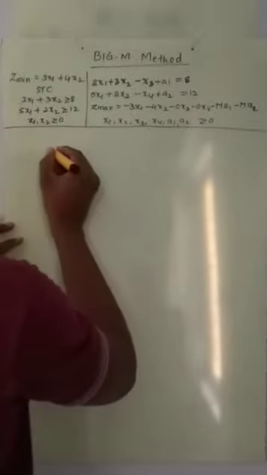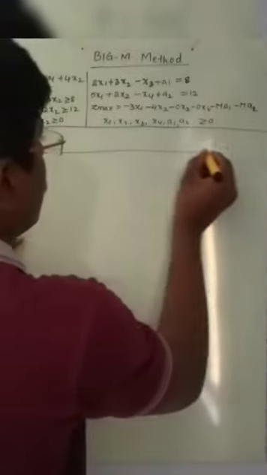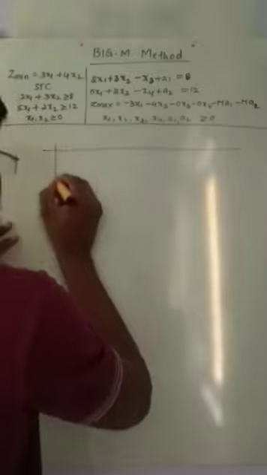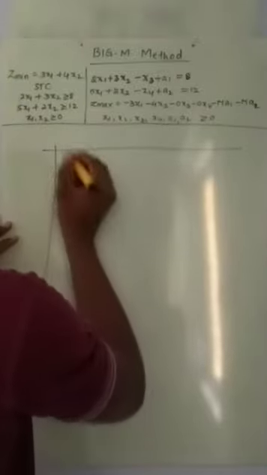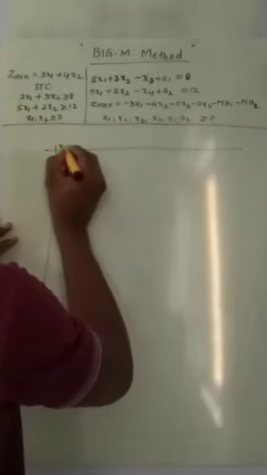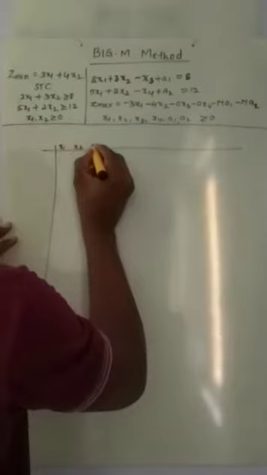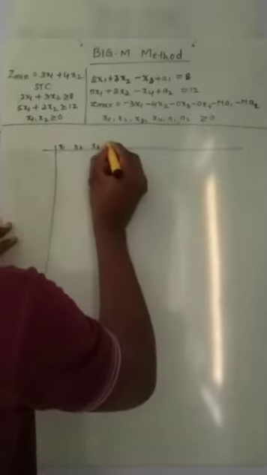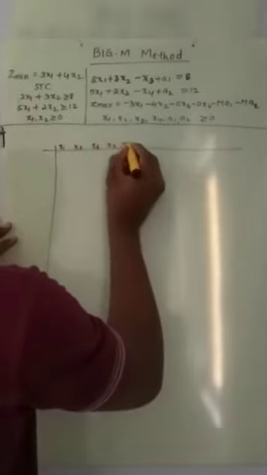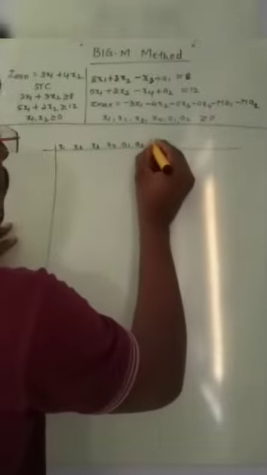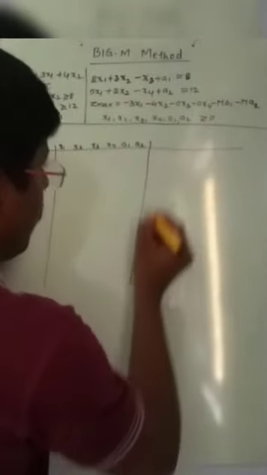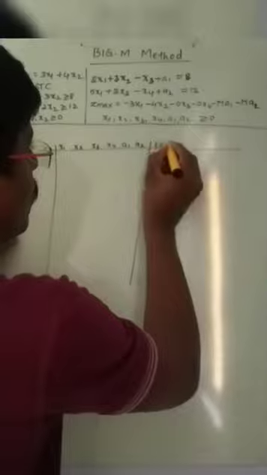So after this, we have to draw the table like this, because we are doing the same thing as in the earlier problems. Write all the variables x1, x2, x3, x4, a1, a2. This is the RHS value you have to write.